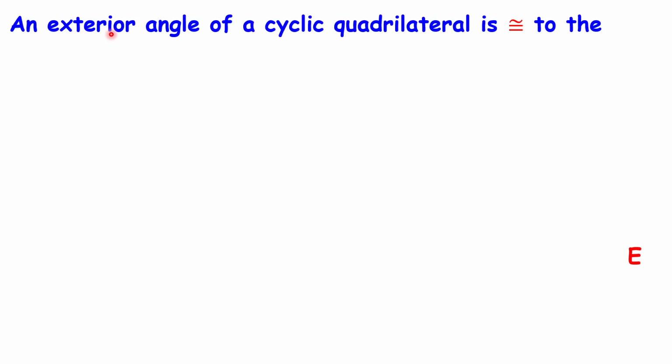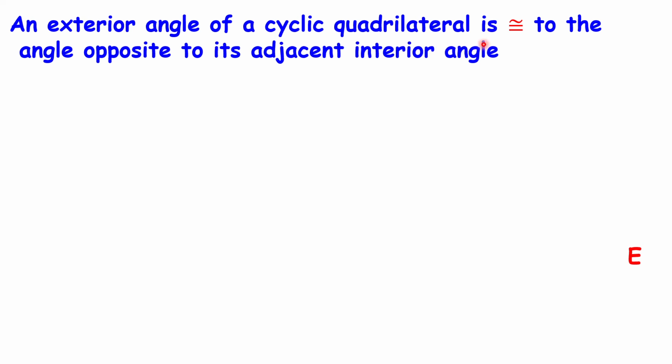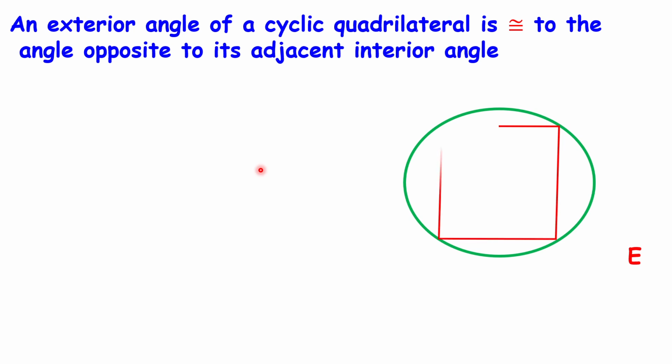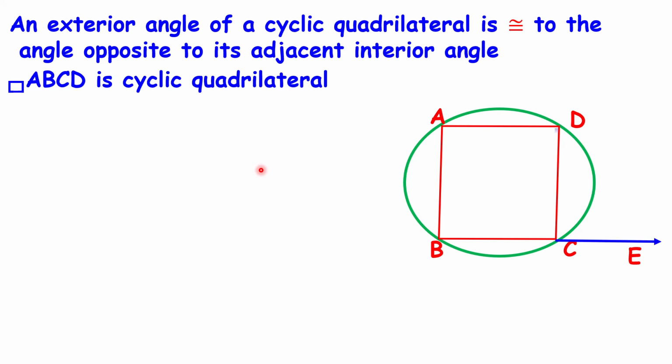Next theorem, an exterior angle of a cyclic quadrilateral is congruent to the angle opposite to its adjacent interior angle. In this figure, the quadrilateral ABCD is a cyclic quadrilateral and angle DCE is an exterior angle of cyclic quadrilateral ABCD. Then which is the adjacent interior angle of exterior angle DCE?